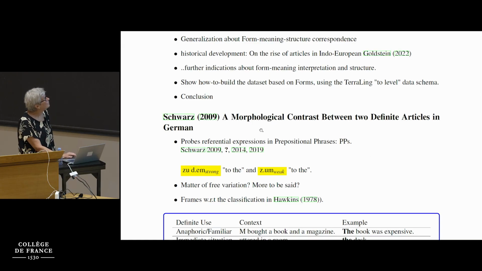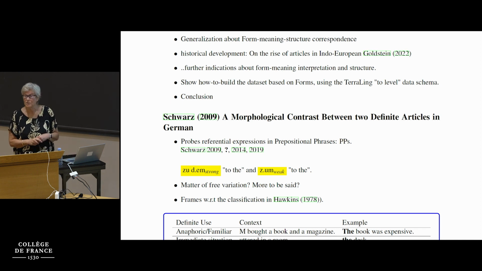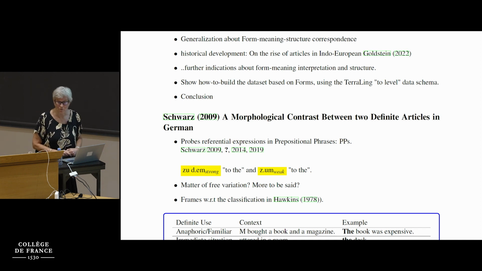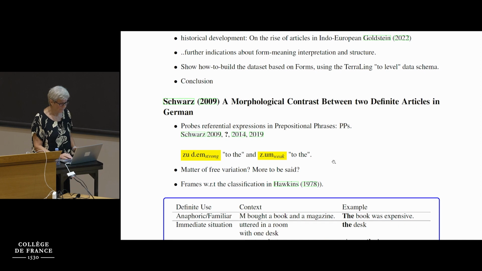All right. So here I'll talk a little bit about what Schwarz actually found in his dissertation and all the later work that he did on this topic, which has given rise to a lot of work on individual languages, where people are trying to see whether they can reproduce those contrasts in their own languages, or the language they work on.